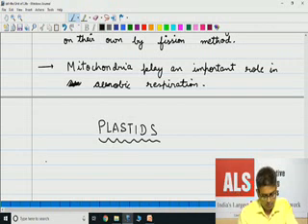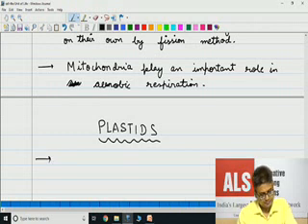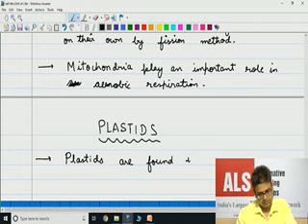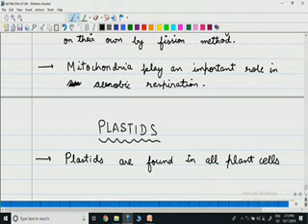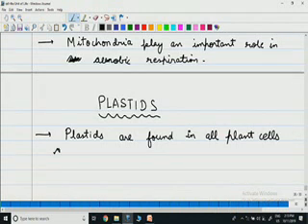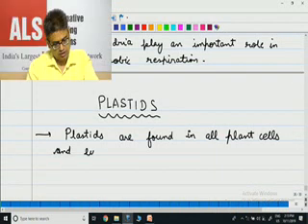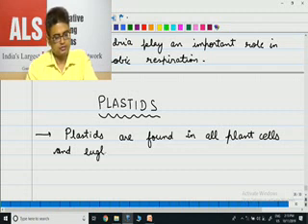All right, so what are plastids? Plastids are found in all plant cells and euglenoid organisms.